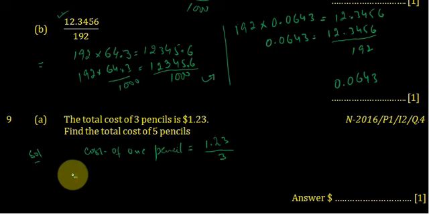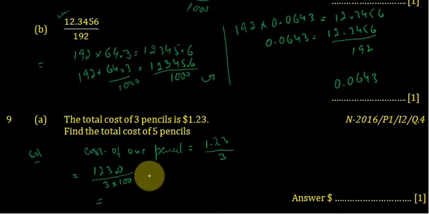Now, with the same operation, we can write 123 divided by 3, and the decimal moves right two places, so we write 100 here, so we divide by 100. So it becomes 123 divided by 300.